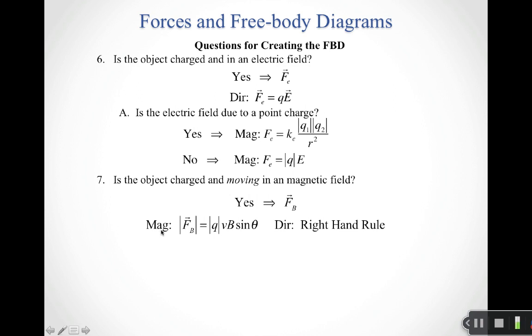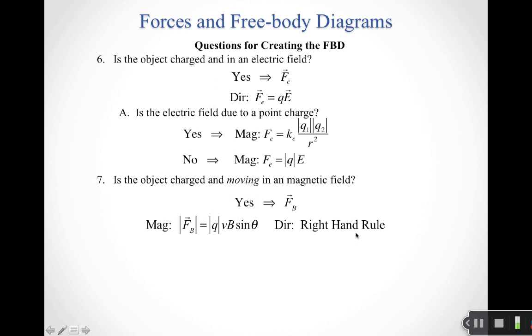Its magnitude will be given by the amount of the charge, regardless of its sign, times the speed it's moving at, times the magnetic field, times the sine of the angle between them. Again, this is all something we'll worry about in the better part of about 6 weeks, when we start dealing with magnetism.